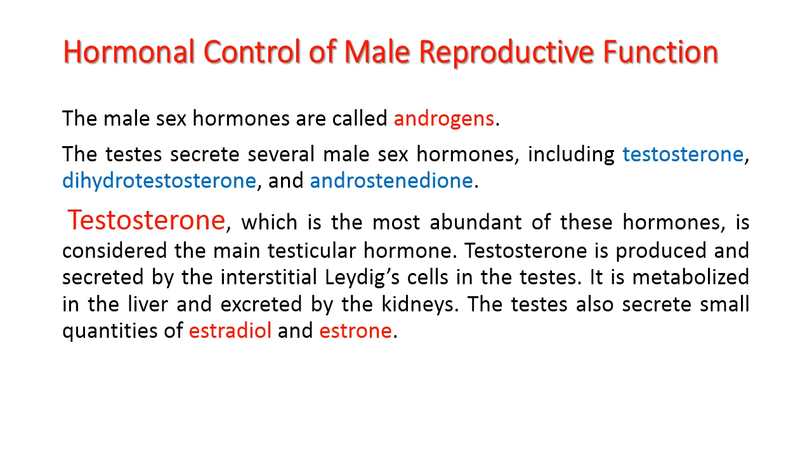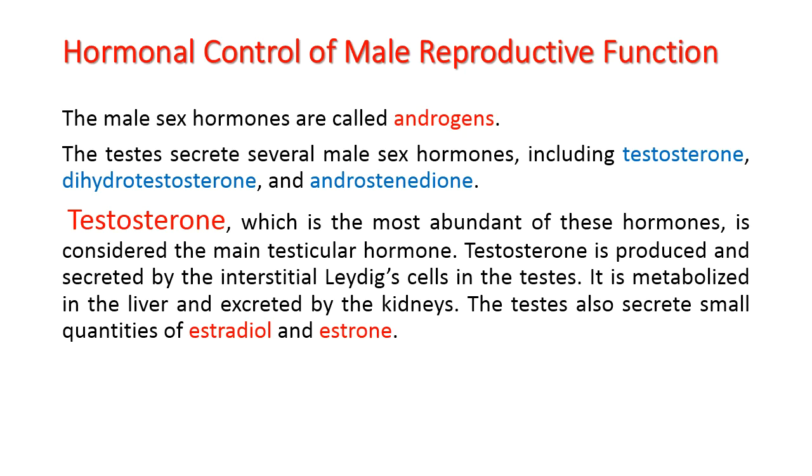Regarding the hormonal control of male reproductive function, the male sex hormones are called androgens. The testes secrete several male sex hormones, including testosterone, dihydrotestosterone, which is the active form, and androstenedione. Testosterone, which is the most abundant of these hormones, is considered the main testicular hormone.